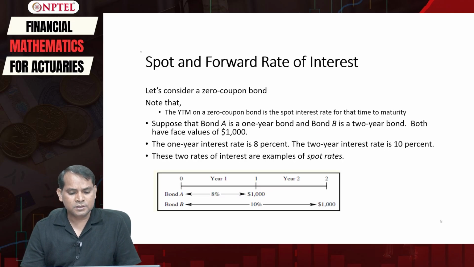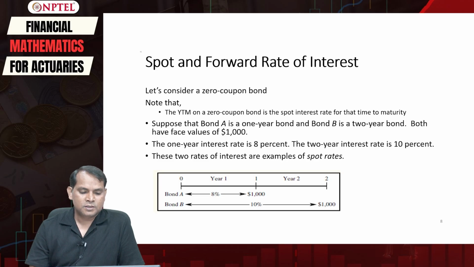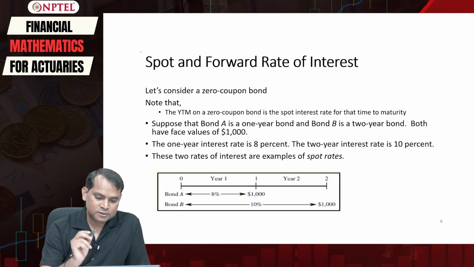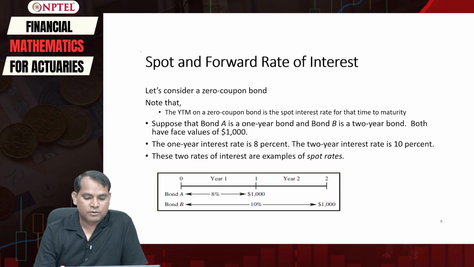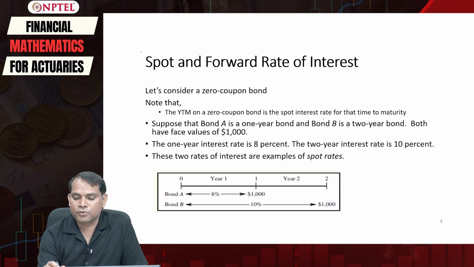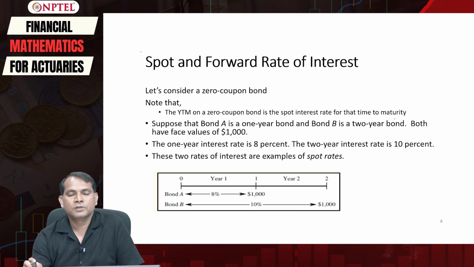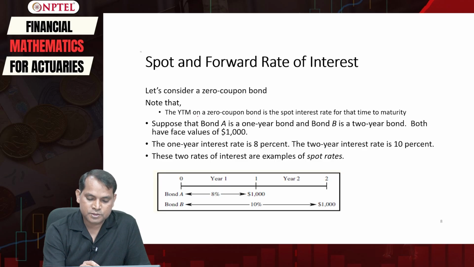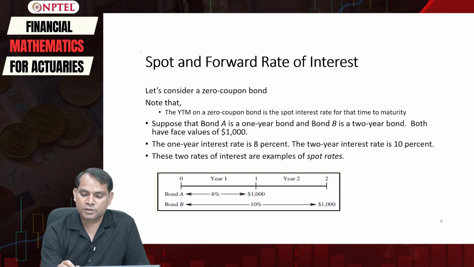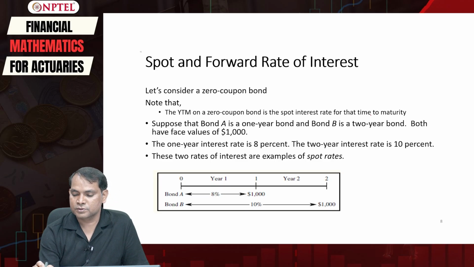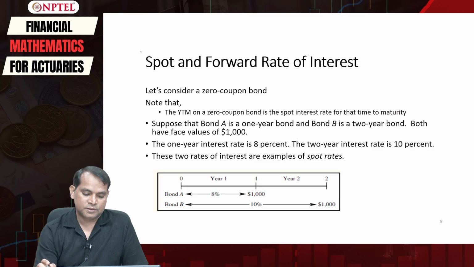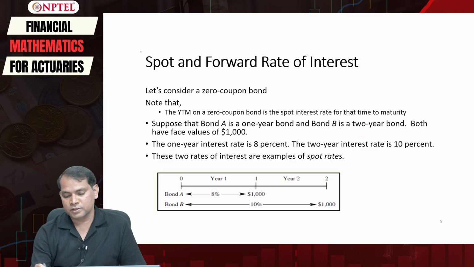Let's consider a zero coupon bond. Remember that the yield to maturity on a zero coupon bond is the spot interest rate for that time to maturity. Suppose that bond A is a 1 year bond and bond B is a 2 year bond.